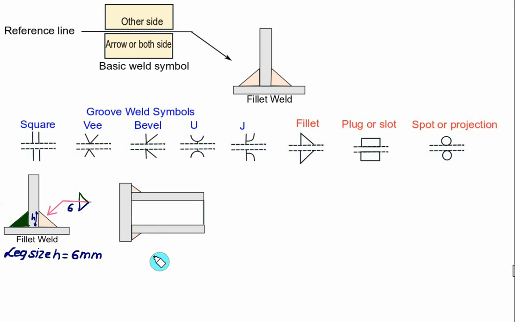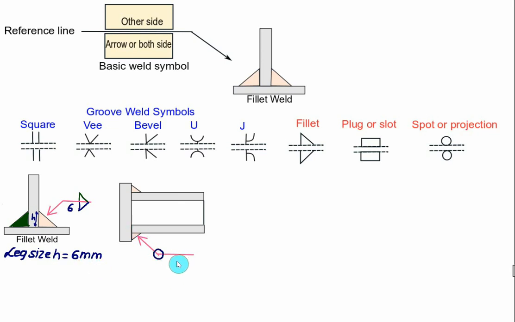Consider the second figure here, in which we have a circular pipe and we want to weld this on one plate. So the weld is done on the circumferential area. So that is represented by the lap weld here. Since the welding is done around the whole circumference, you have to show the circle. Assume here the leg size again equal to 6.